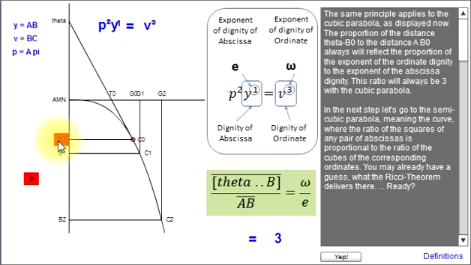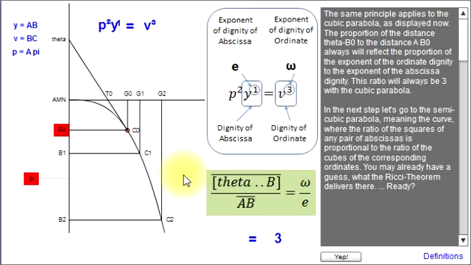And when we draw a tangent now from our point C, and we look at the very distances which we did before, then theta b divided by a b, the abscissa, should still be equal to the exponent of the v dignity, being 3 in this case, divided by the exponent of the y dignity, being 1 in this case.